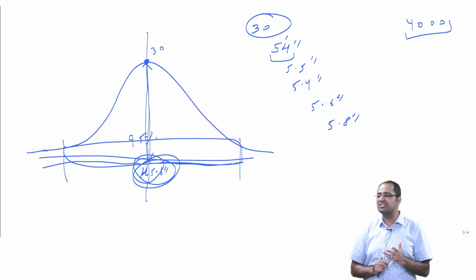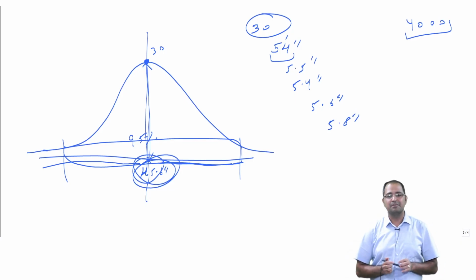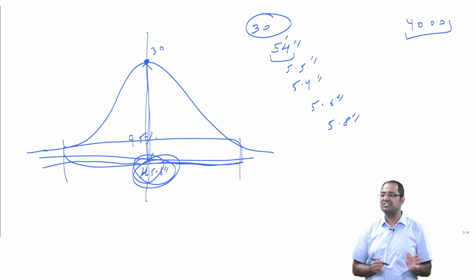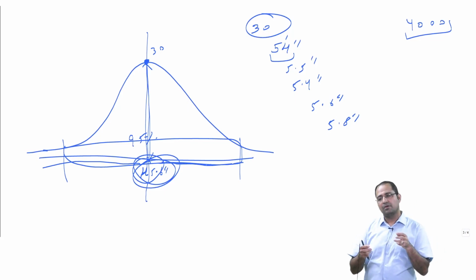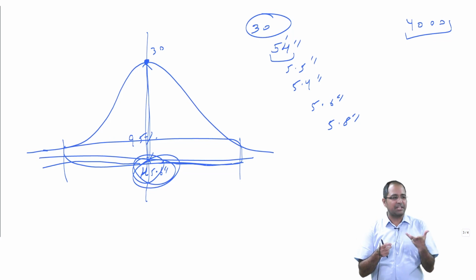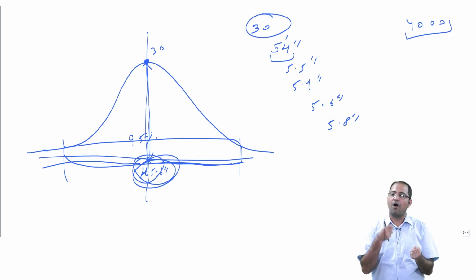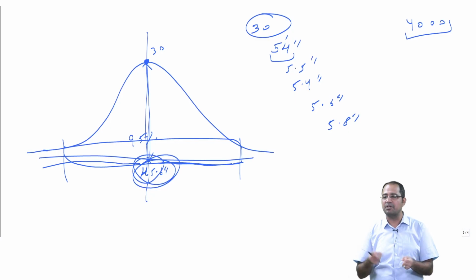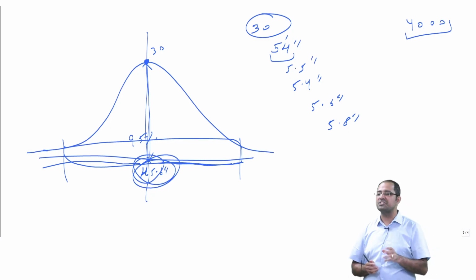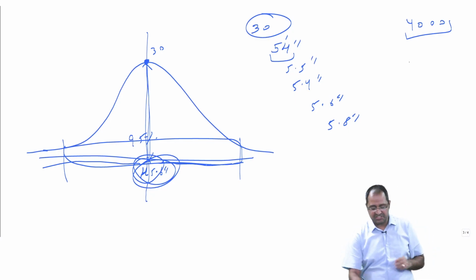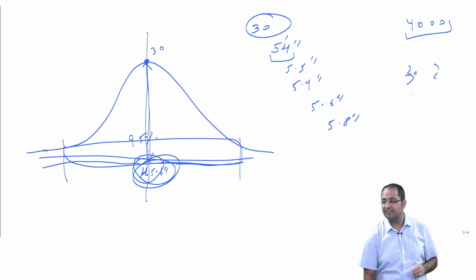So in the sampling distribution, we draw the means for a particular characteristic in a population, and we try to see whether the sample size is 30 or greater than 30.